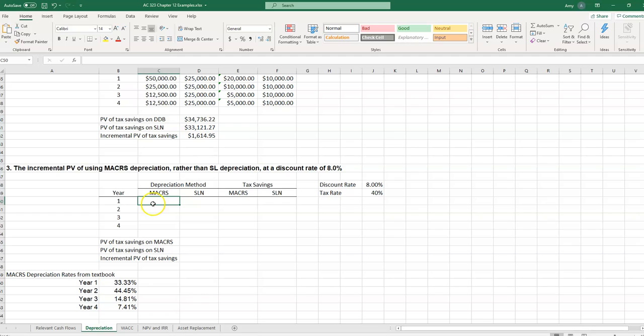Now we're going to look at MACRS. And for MACRS, we take the rate times the cost of the equipment. So these are from the table in your textbook, and MACRS is the IRS's depreciation rate.